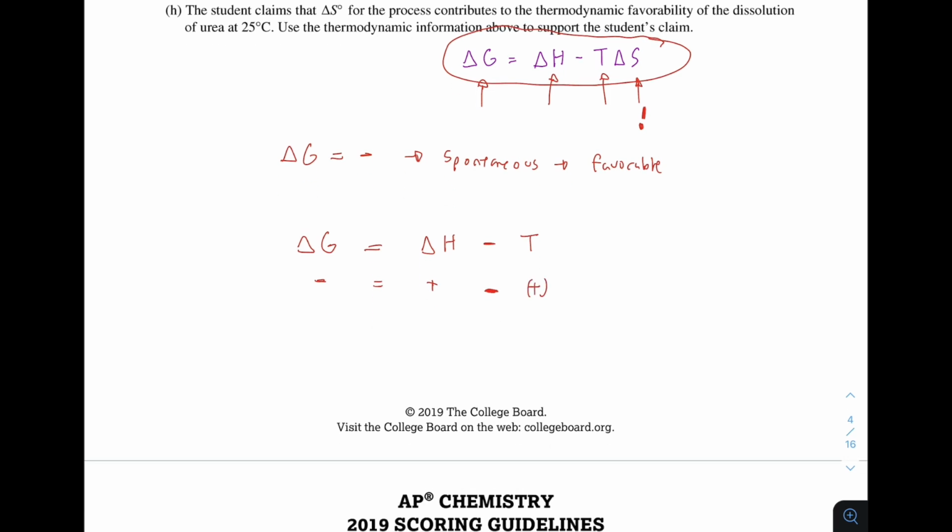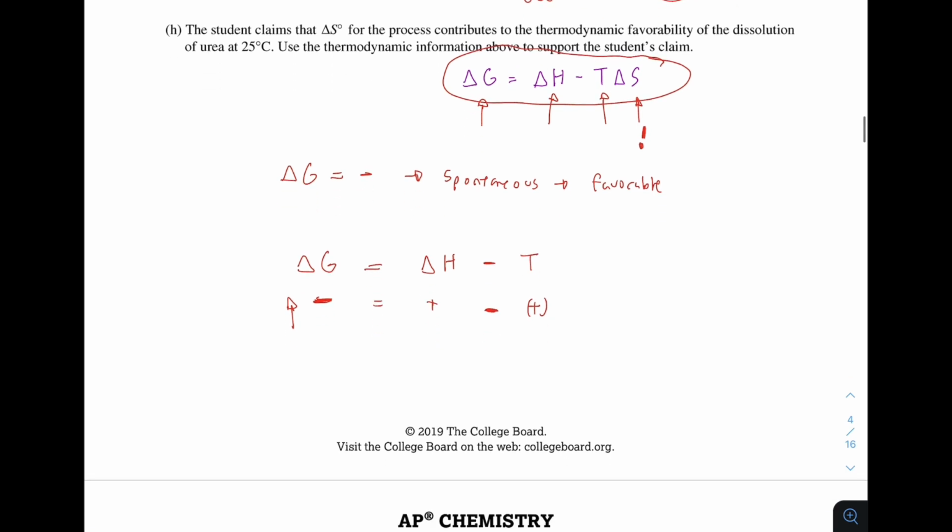So in order to make this as negative as possible, we're going to need to make entropy as large as possible and as positive as possible. And then this will lead to enthalpy minus a positive number equals Gibbs free energy. So if entropy is large and positive, then the dissolution of urea is going to be more thermodynamically favorable.